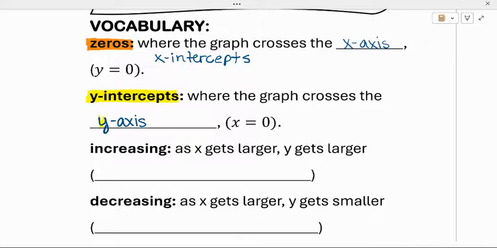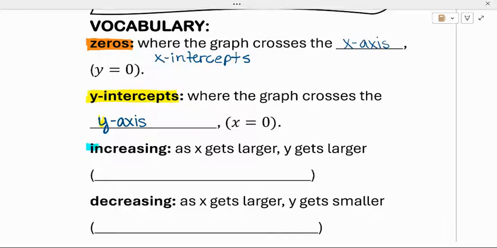Okay? What do you guys remember about slope from last year? Y equals mx plus b, that's an equation, yeah. What else? So what does slope mean? Yes, slope is the slant of a line.